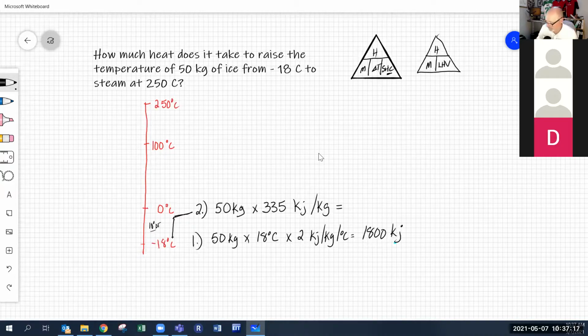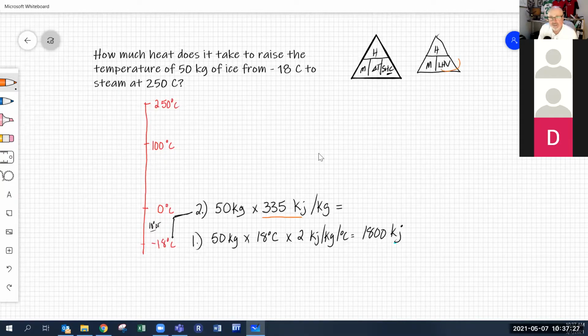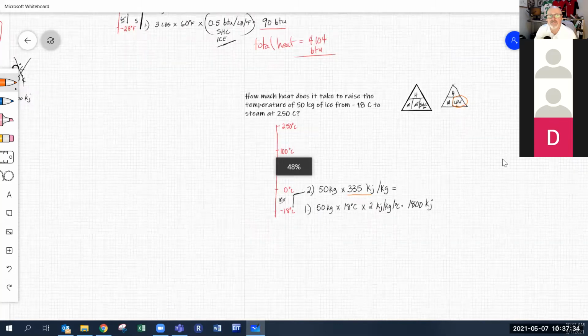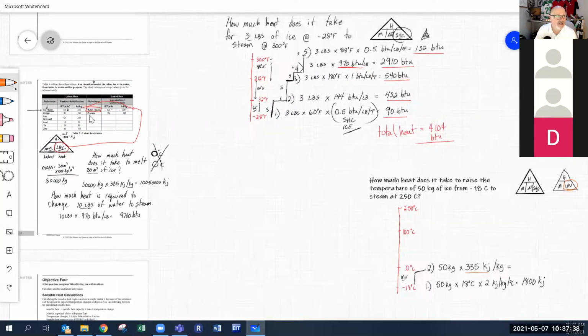Okay, how did you figure that out? There is a table on latent heat values. So this is my latent heat value here. This is the latent heat value, which is here. And if we go back to the table, the latent heat of fusion solidification is right over here.